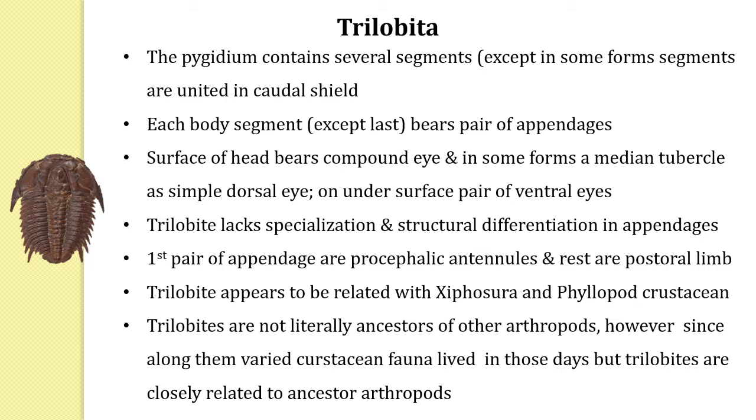The first pair of appendages, which probably are the procephalic antennules, are filamentous and multi-articulate. The rest are without doubt the post-oral limbs, and they are practically all alike, except that some of the more anterior ones may have a greater number of segments than the others. The trilobite limb preserves the typical form and fundamental structure of all arthropod appendages.